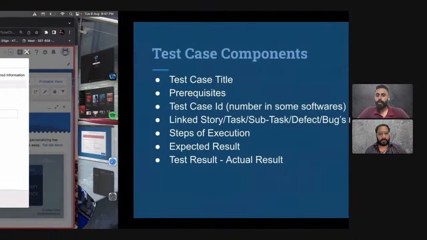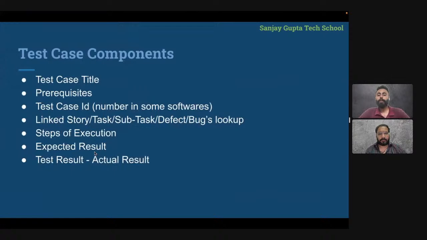So switching back to our deck and now talking about the test case components. As we just practiced for test case title, quickly defining it, test case title is nothing but a statement that describes the functionality that is being tested. It can be a smaller functionality, it can be a major functionality.